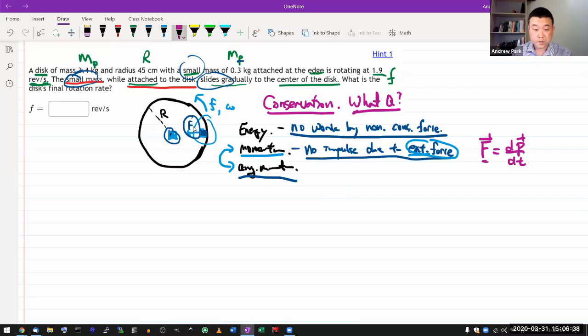In the rotational context, you're going to have the same relationship with torque, in the sense that there's an analogy between translational dynamics and rotational dynamics.